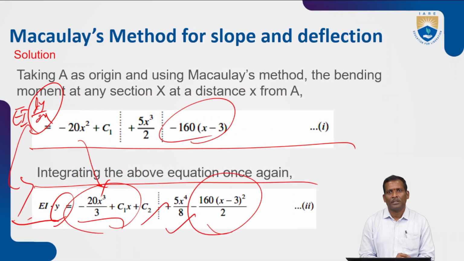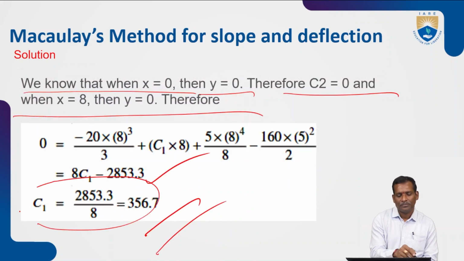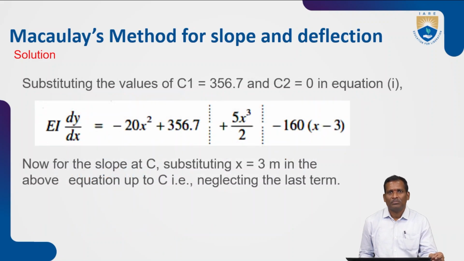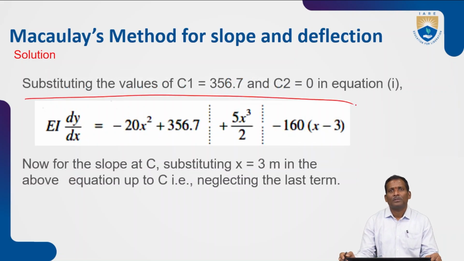So in this equation, substituting those values, we will get the C1 value 356.7. The C2 is already calculated, that is 0. So C1 is equal to 356.7 and C2 is 0.